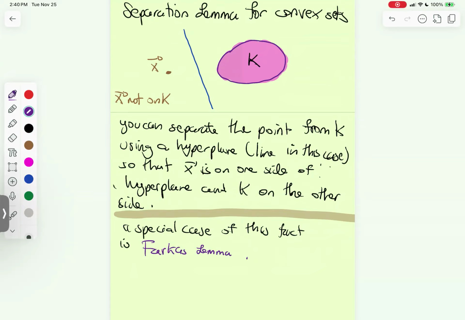Farkas lemma is a very useful result in linear algebra. So let me see, how should I explain it?